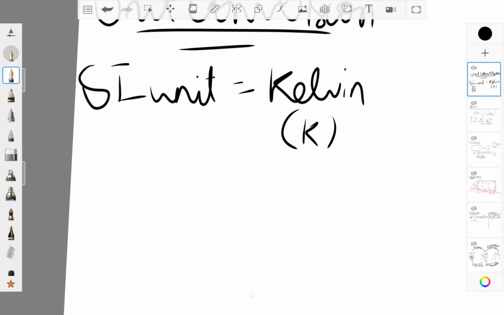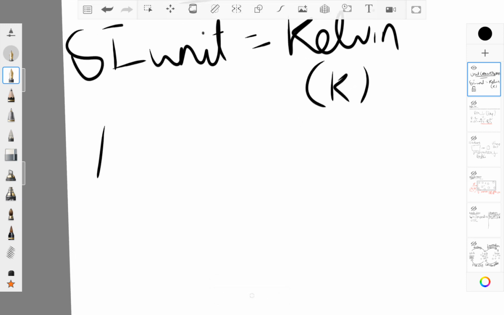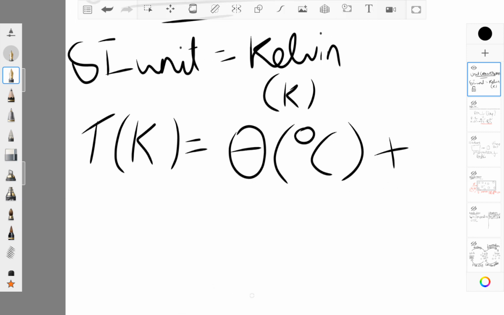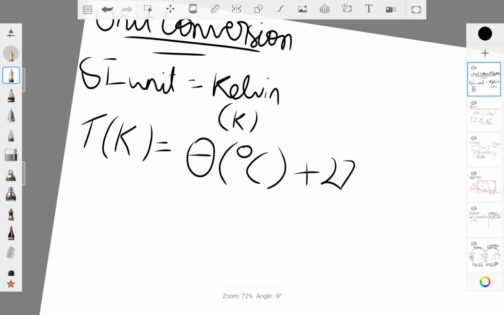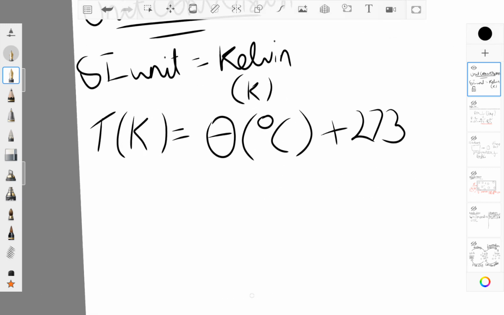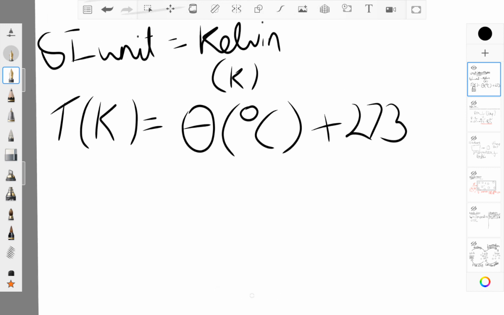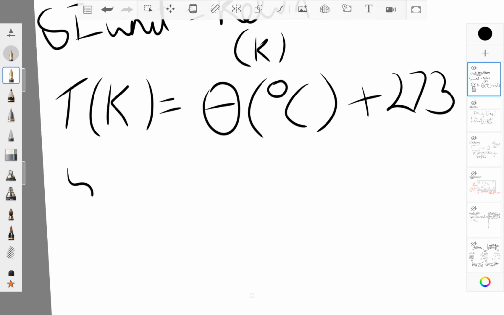But you need to know how to convert from Kelvin to degrees Celsius, for which you have a formula. So if I have a temperature, let's call it T, and this temperature is in kelvins, that equals theta, which is in degrees Celsius, plus 273. This might look confusing. We can figure out what this means via an example. So let's say I ask you to convert 5 degrees Celsius to Kelvin.